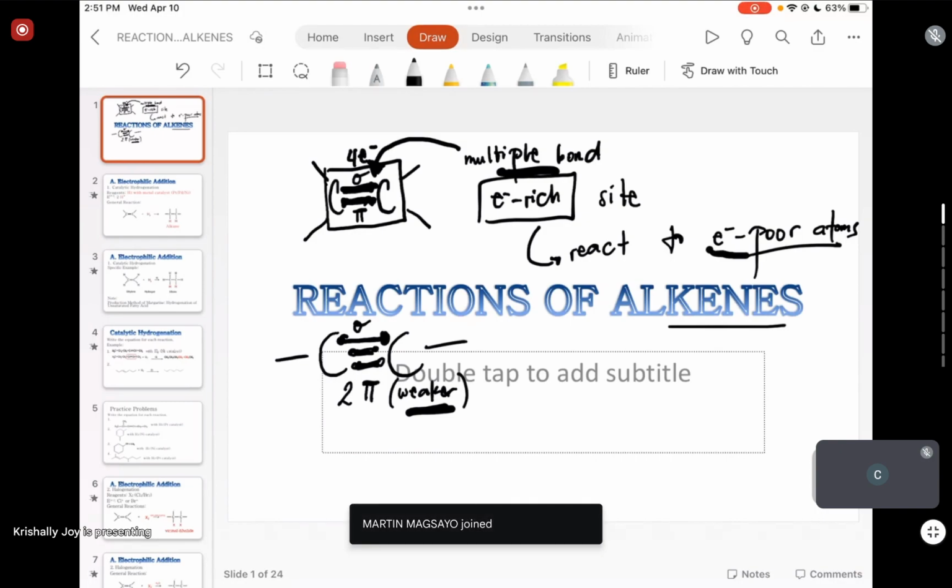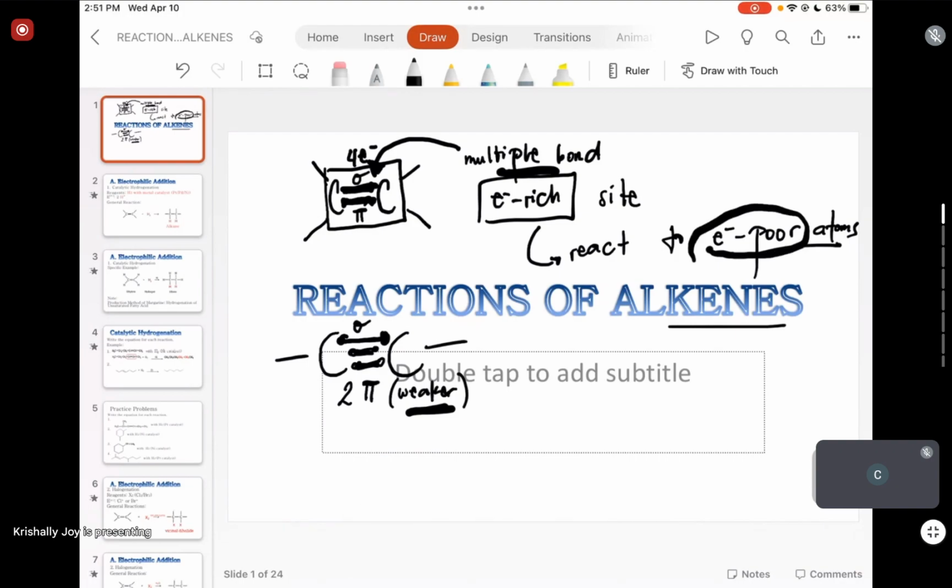And 'di ba we have terms to describe an electron-rich and an electron-poor. Ano nga ulit yung mga electron-poor na mga species? Is it electrophile or nucleophile? Okay, you can use the chat box ha. Electrophile or nucleophile? Ano yung electron-poor na mga atoms? Sige, go. Kapag electron-poor, nucleophile or electrophile?